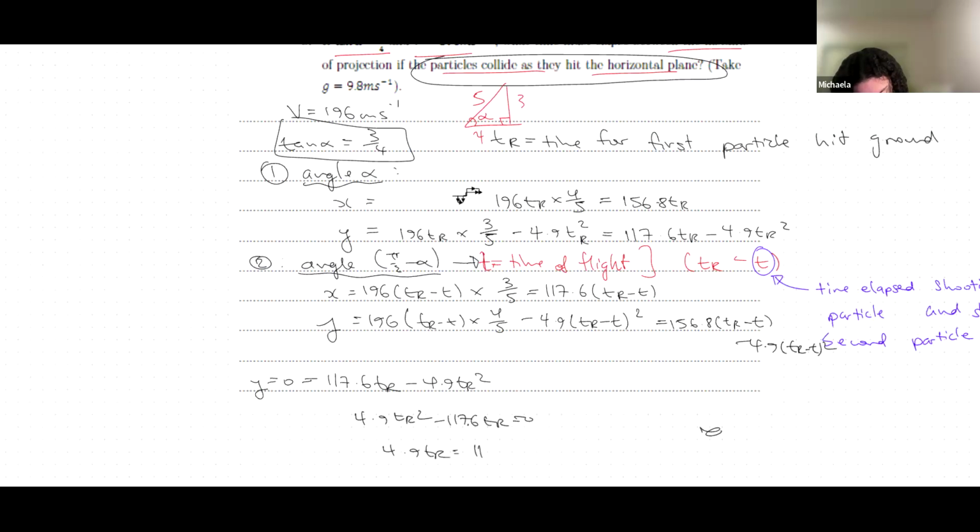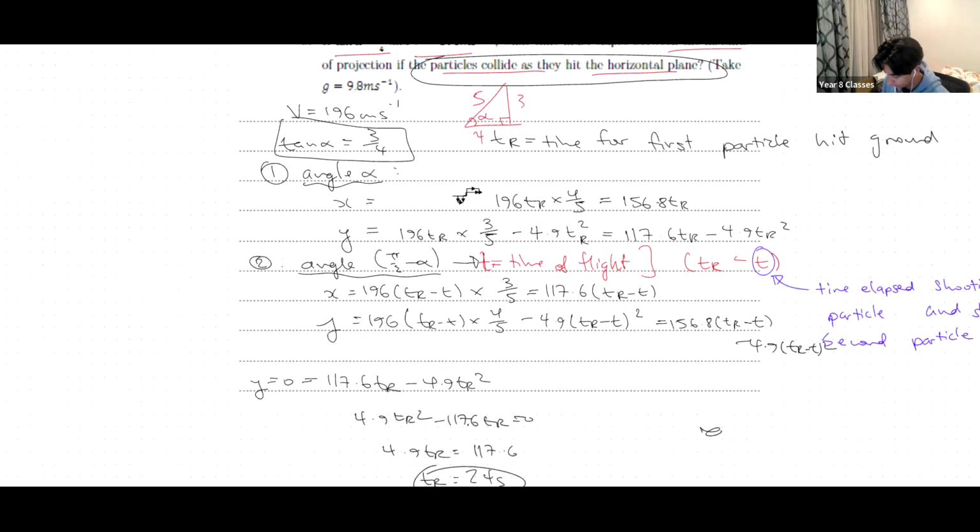Is it just 24? I believe so. I'll check as well. Yep, 24. Oh, that's nice. Indeed. And now let's solve for T. So how are we going to do that again? The x of 1 equals x of 2 when you sub in TR is 24.